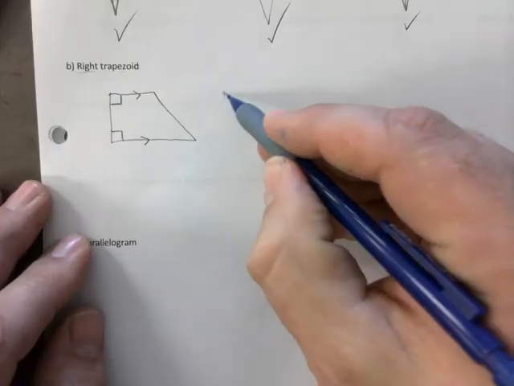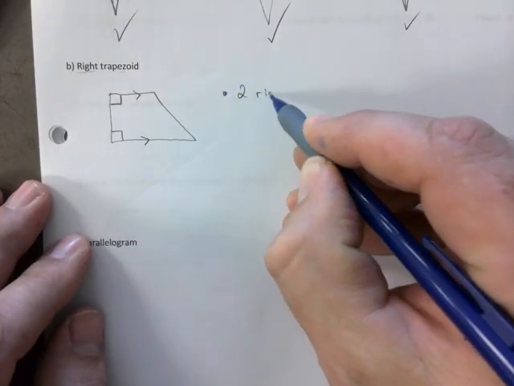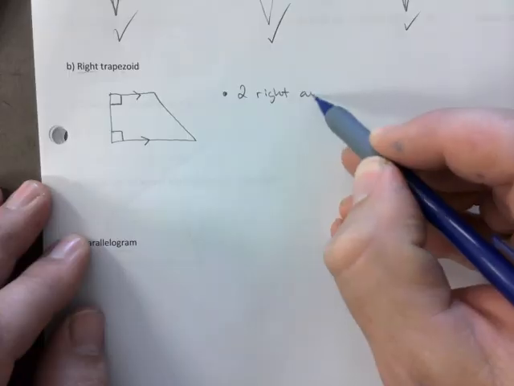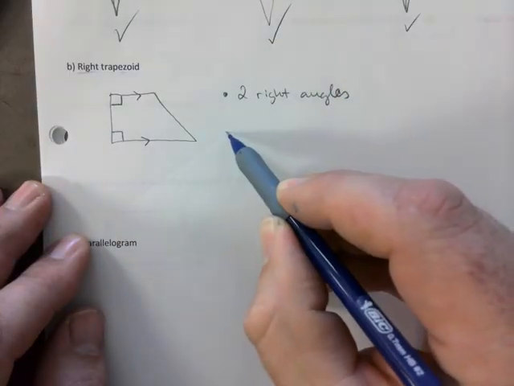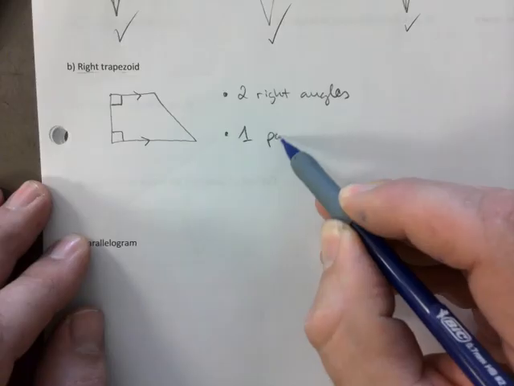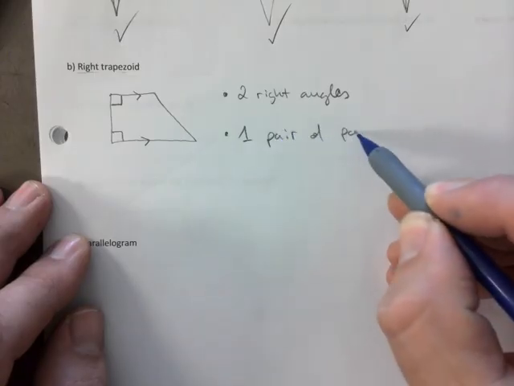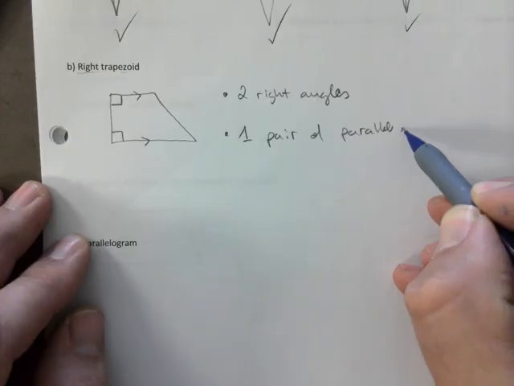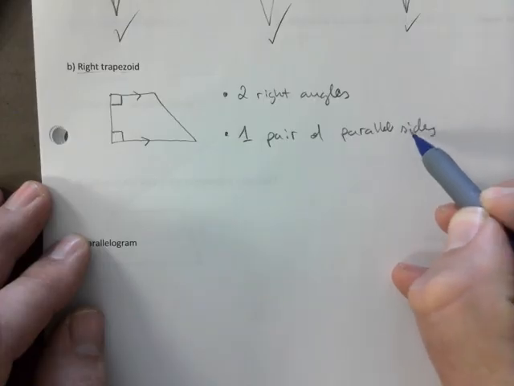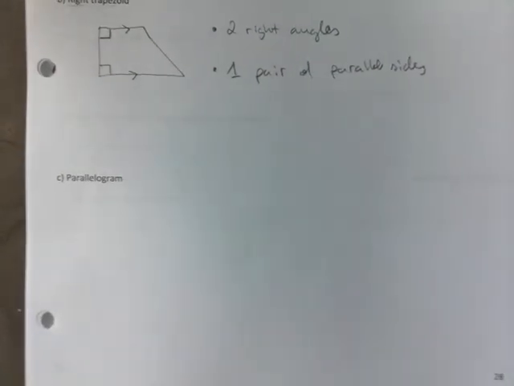Parallelogram. Sorry, I will just say this: if you wanted to say 2 right angles and 1 pair of parallel sides, that would also suffice, okay? Parallelogram.